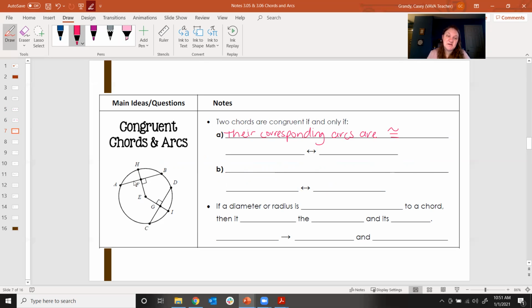Okay, so what that means here is if arc AB is congruent to arc CD, there they are, then our chords are going to be congruent. So I'm going to write AB equals CD. No symbol here means length, so I'm talking about the chords. Then the measure of arc AB will equal the measure of arc CD, and vice versa.